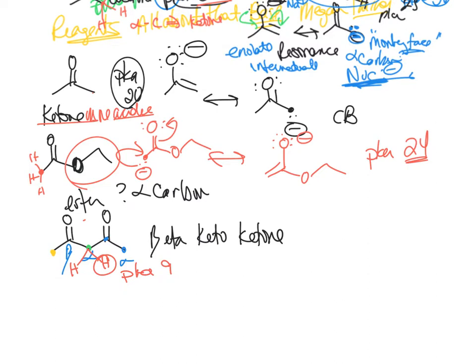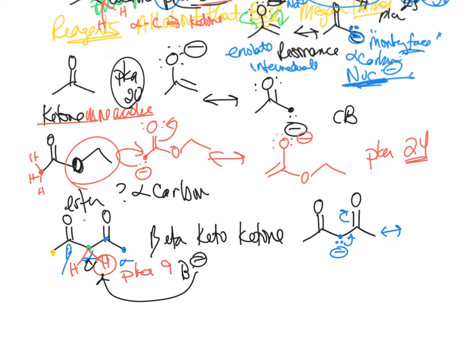So why is that? Well, let's take a base and abstract that hydrogen. I'm going to just redraw it, just like you did. But now there's your negative on that carbon. See my monkey face? If you had to draw your resonance structures, they would look something like this. Okay, so there's one.